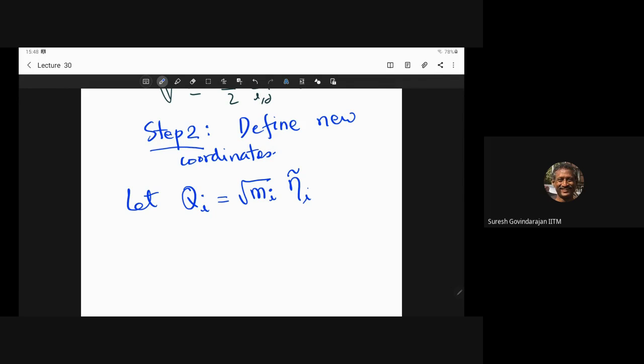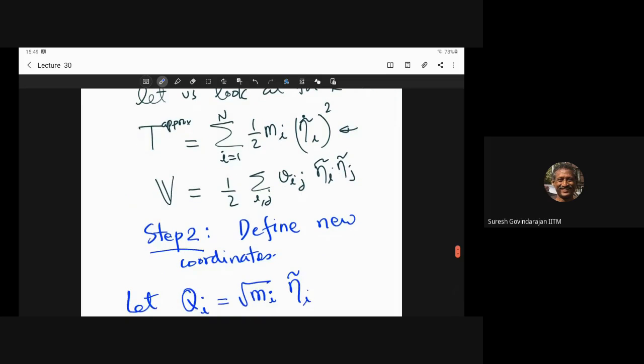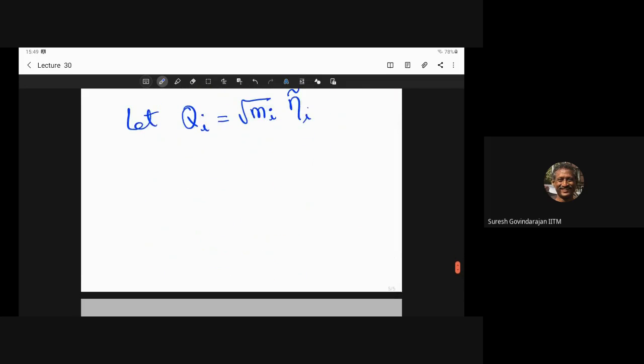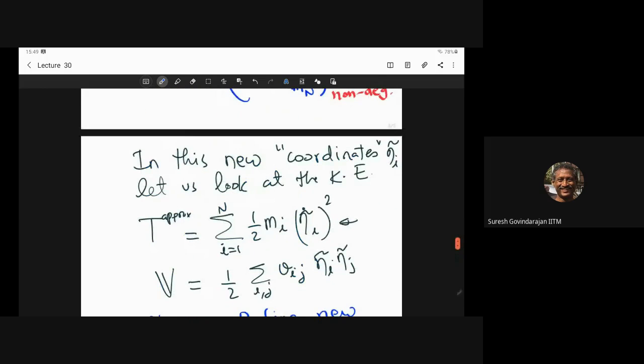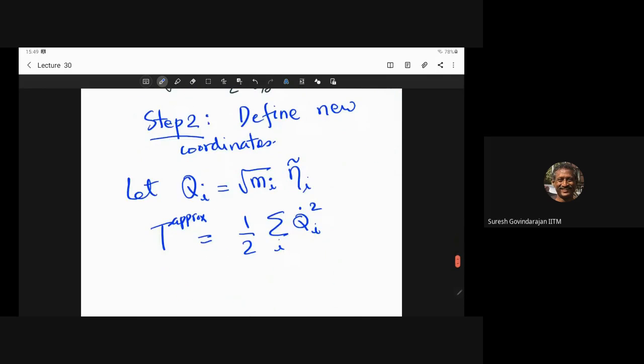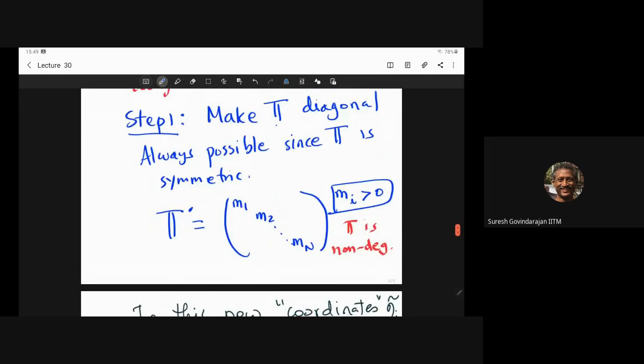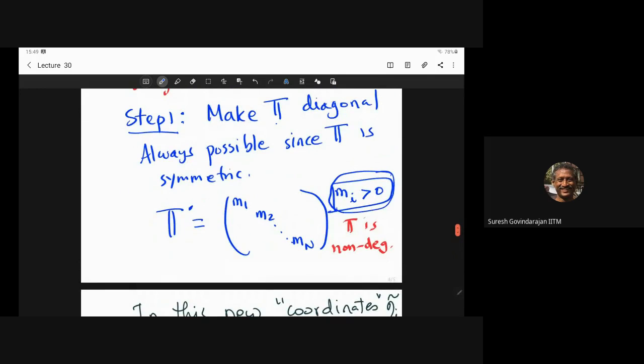It's just some Lagrangian that I have. If you come here and see what happens, you can see that T approx in these new coordinates becomes this. Is this clear? Just that construction. So what I've done is taken this mi, taken the square root of that and put it into this. And I can take the square root because everything is real, because mi is greater than 0.